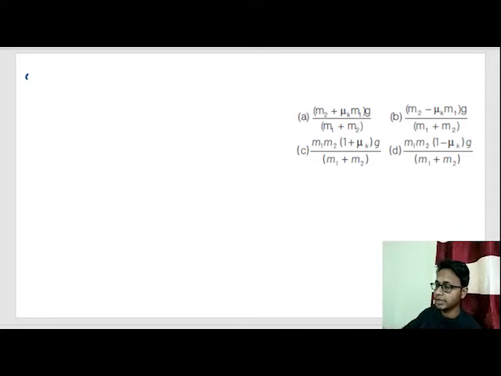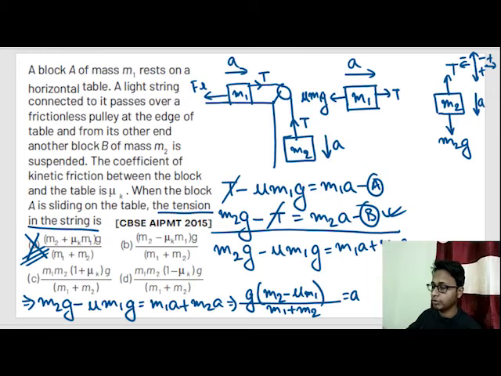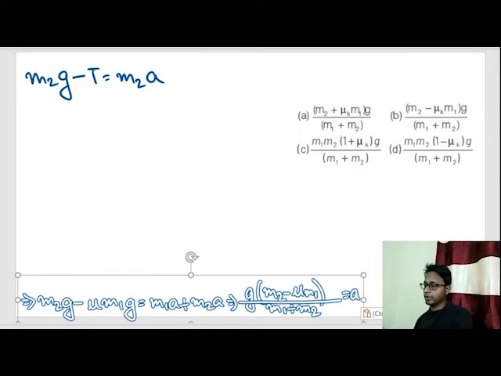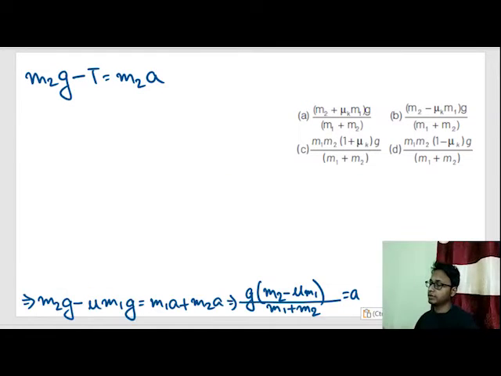M2G minus T is equal to M2A. We obtained the value of A as G into M2 minus mu M1 by M1 plus M2. Let's copy paste the value of A out here. So acceleration is nothing but G into M2 minus mu M1 by M1 plus M2.